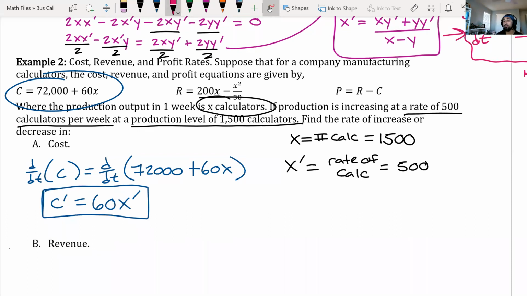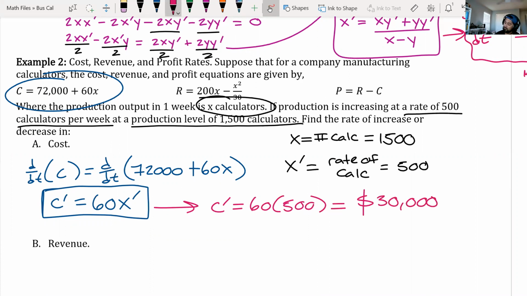Which means if we want to find the rate of increase or decrease in our cost function, do we have an X prime value that we can plug in? Yes, 500. So we'll just say C prime equals 60 times 500. And we should get, well, 6 times 5 is 30. And then just add in the last 3 zeros. There we go. Now, is this result a positive or negative number?